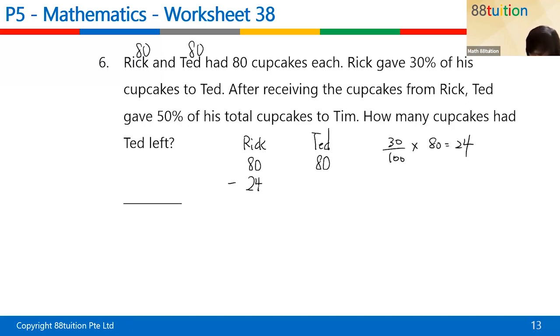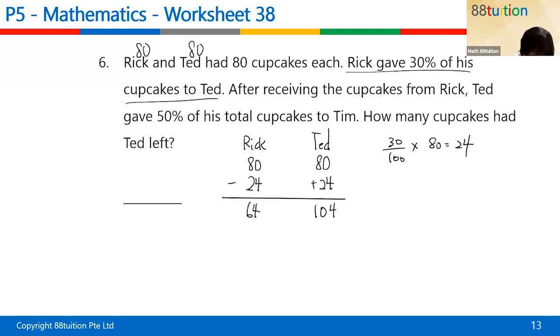So if it's going to give the 24 from here, must have the 24 received by Ted, right? Because internal transfer. So after receiving the cupcakes, give me a minute. After receiving the cupcakes from Rick, Ted gave 50%. So let's take a look. Means he must have 104.